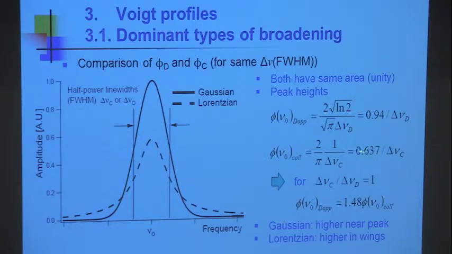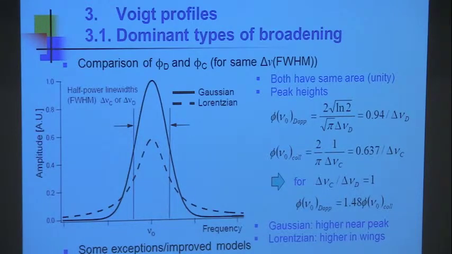The collision width is 0.6. If you go to the case where the half widths are equal, which is the example I've given here, I've gone halfway down, and that peak is the same width as this one. In the case where they have the same widths, the Doppler line center value is 1.5 times the collision. Gaussian is higher near the peak, Lorentzian is higher in the wings.